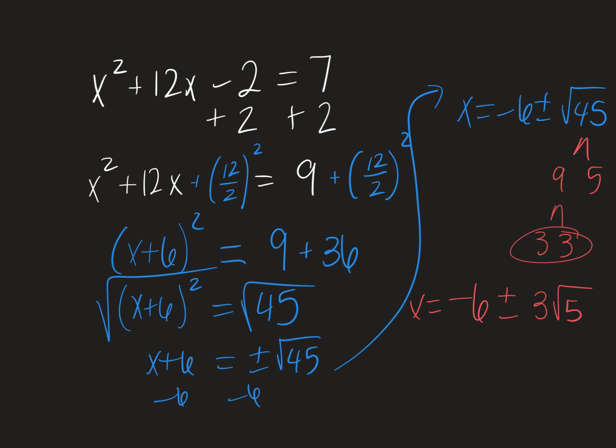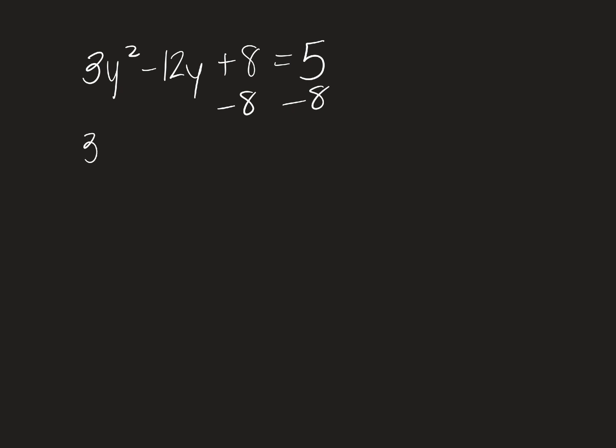Okay, let's do one real quick where you have to divide at the beginning. All right, so this one, what do we need to do first? Yes. All right, now what else do we have to do?